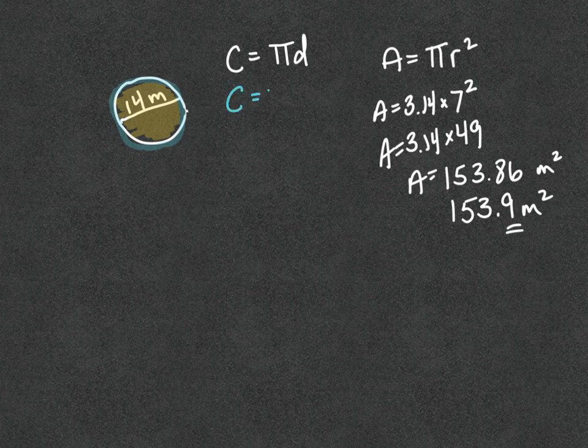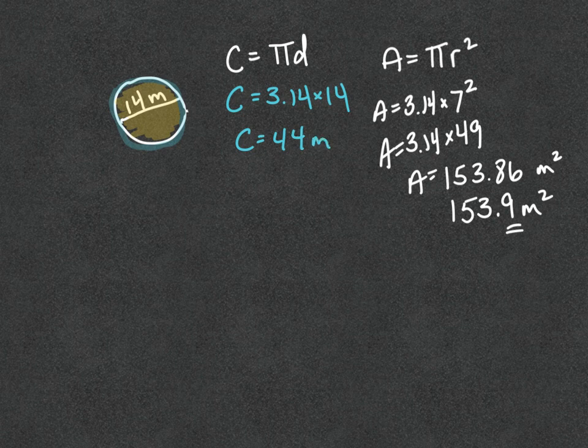C equals 3.14 times diameter, which I know, and 3.14 times 14 equals 43.96, round to the tenth place. That would end up being 0.0 because we would carry over, so 44. That rounds to 44 meters.